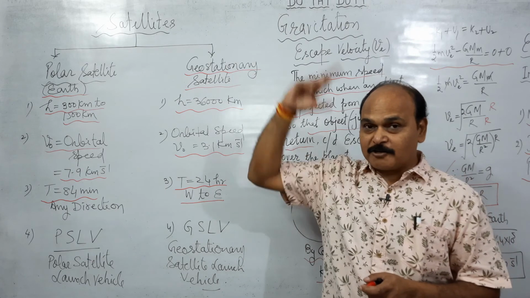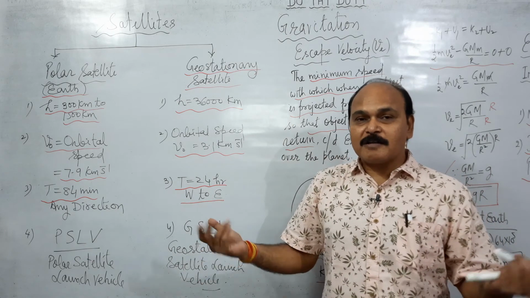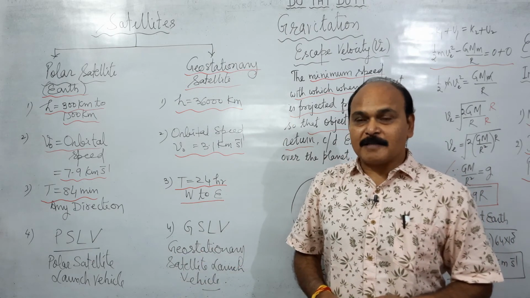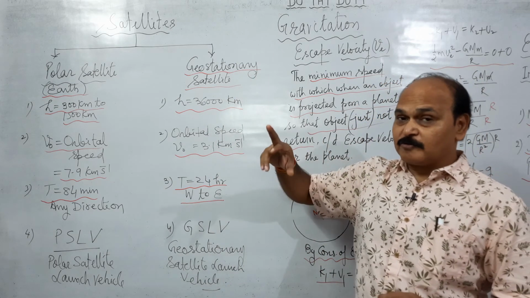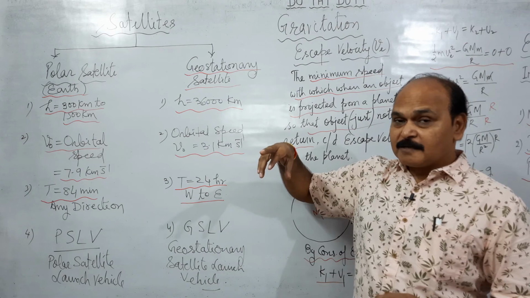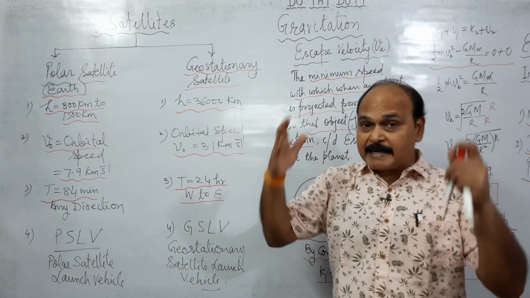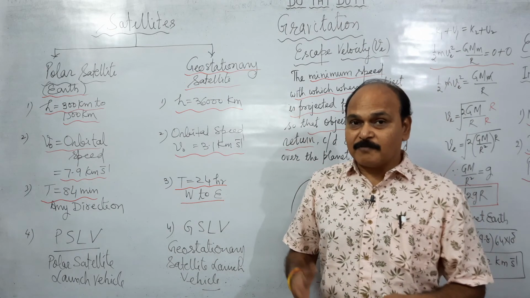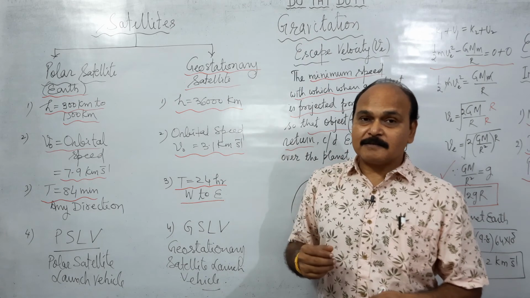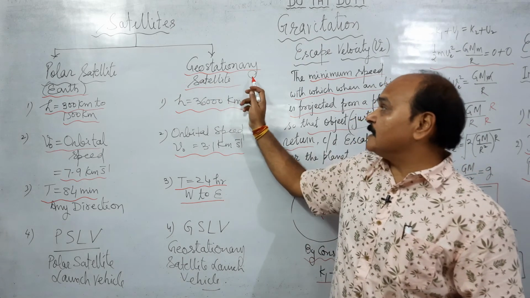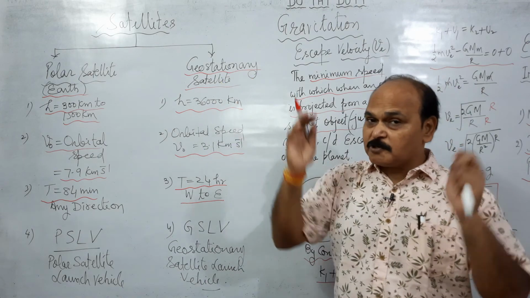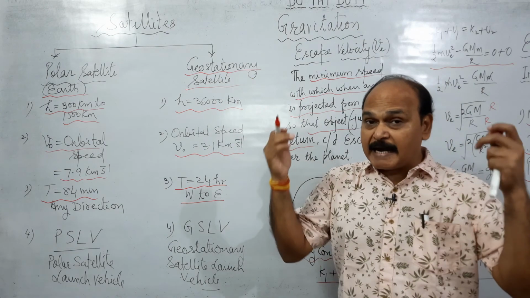So their relative velocity with respect to Earth is what? Zero. That is why these satellites appear to be at rest with respect to Earth, and that is why they are called geostationary. Geo means with respect to Earth, stationary means at rest.